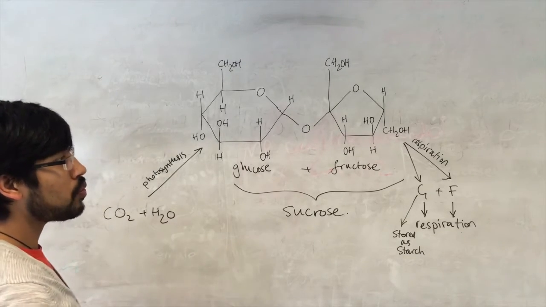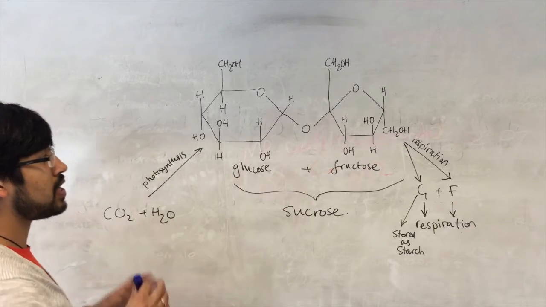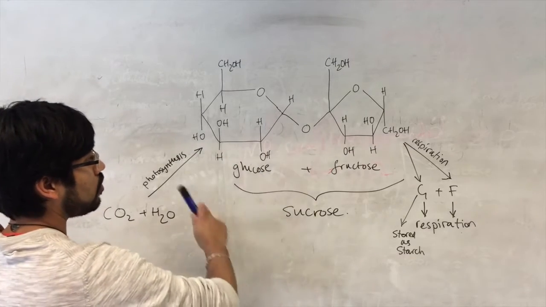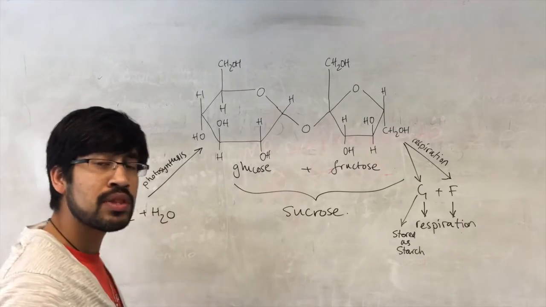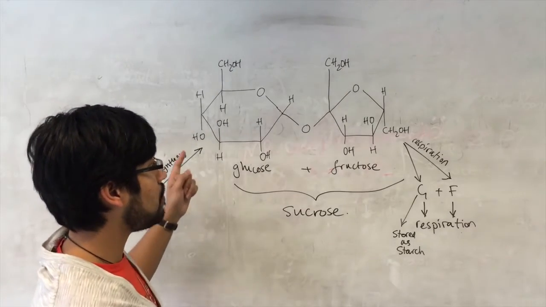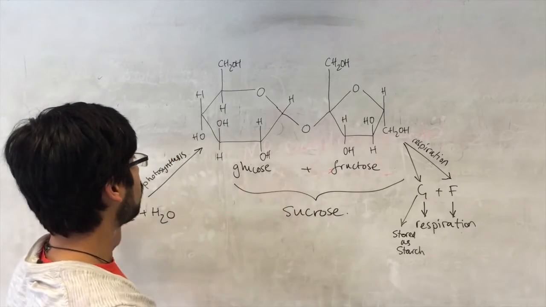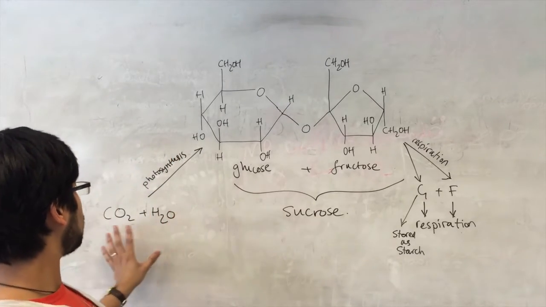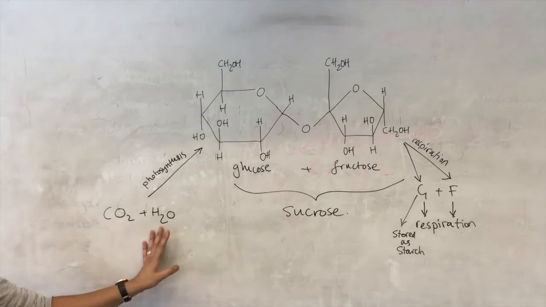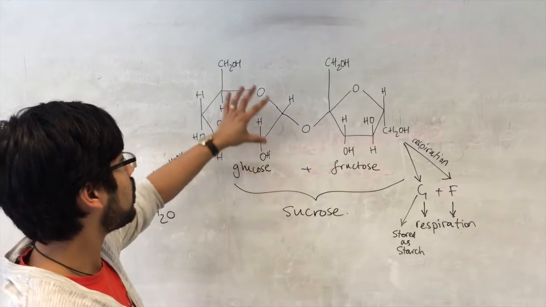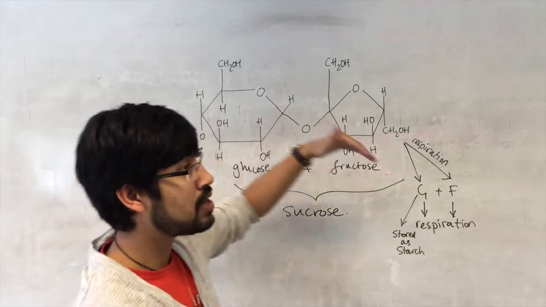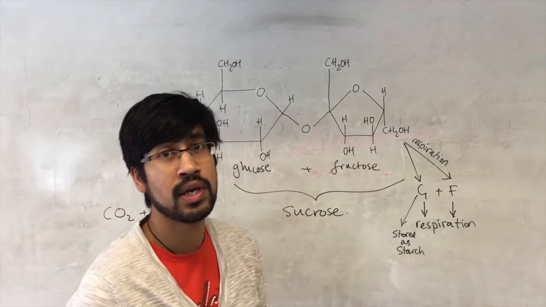And we could go into the details, but essentially, you don't want to have lots of glucose floating around in the cell because it might just immediately get used up in respiration. So once you form glucose in photosynthesis from carbon dioxide and water, you don't then want to have lots of glucose to directly go into respiration and be used up again.